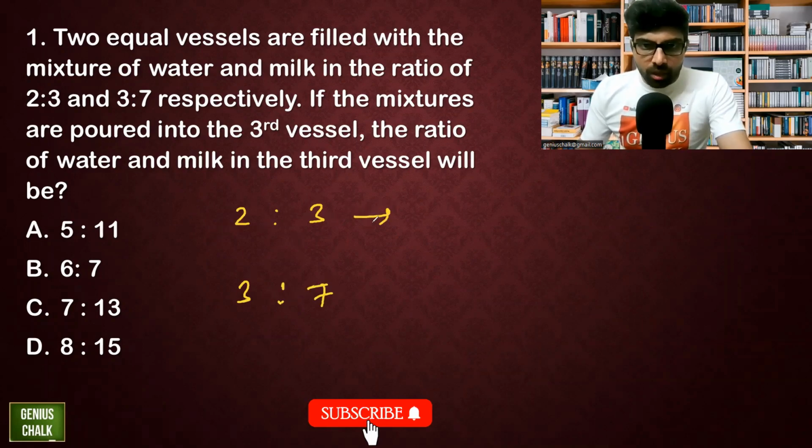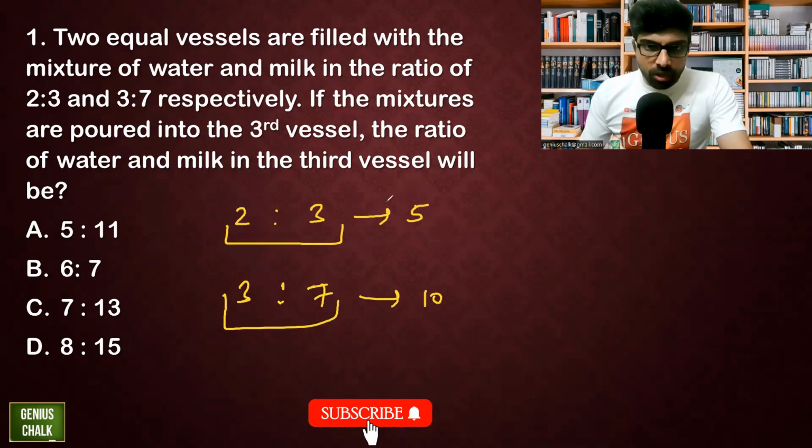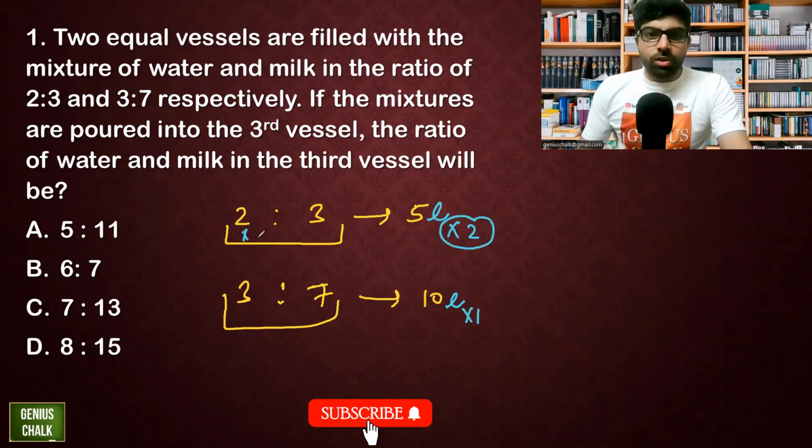The total here is 5, and the total here is 10. That means I need to do something here, since this total is 5 liters and this is 10 liters. So I'll multiply this by 2, and this by 1. If I multiply this by 2, both parts are multiplied by 2, and this remains the same because they are multiplied by 1.